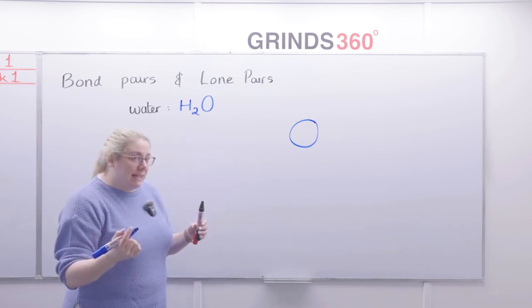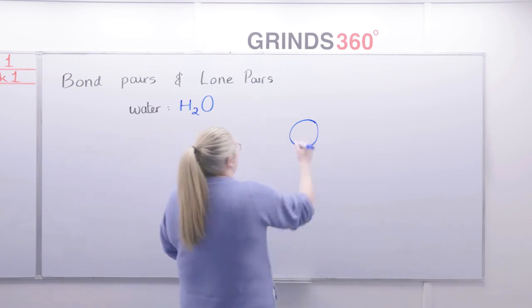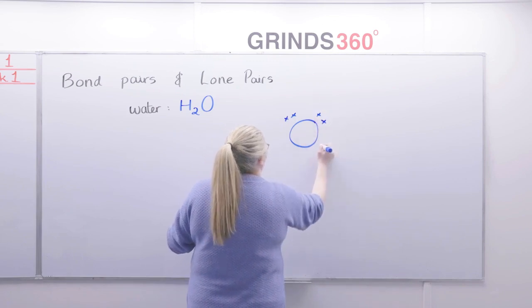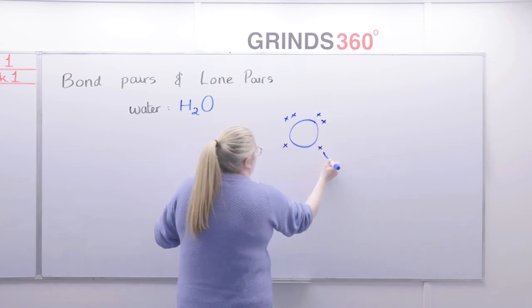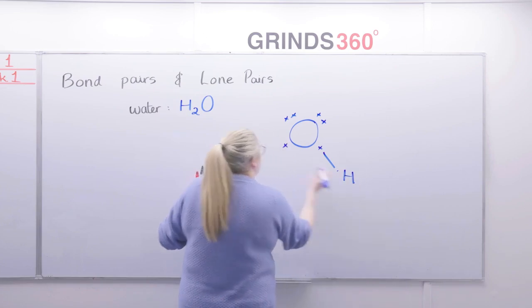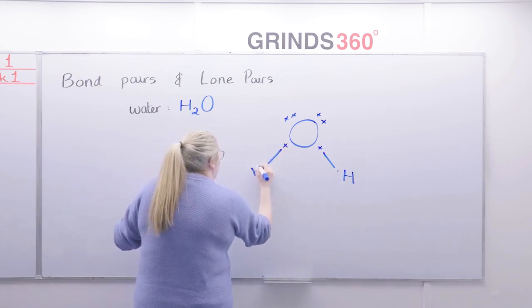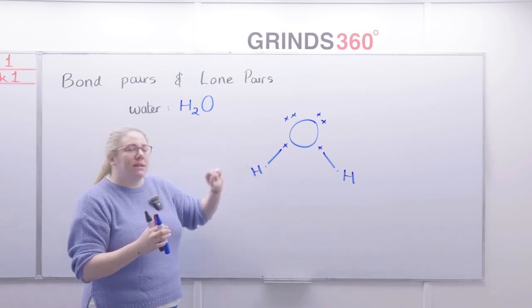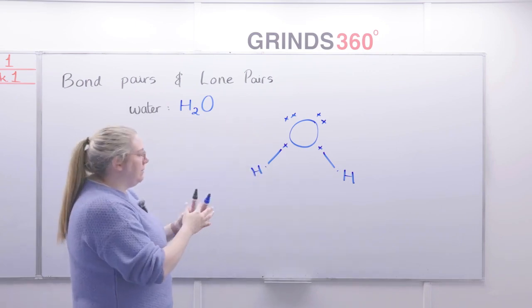Oxygen is in group 6, so it has 6 electrons in the outer energy level. And we form 1 bond to each hydrogen. Now, there's 2 different groups of electrons on that oxygen atom.